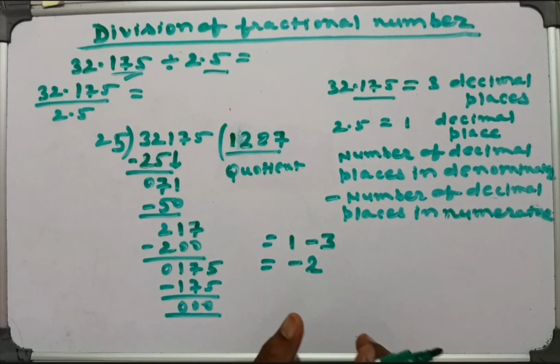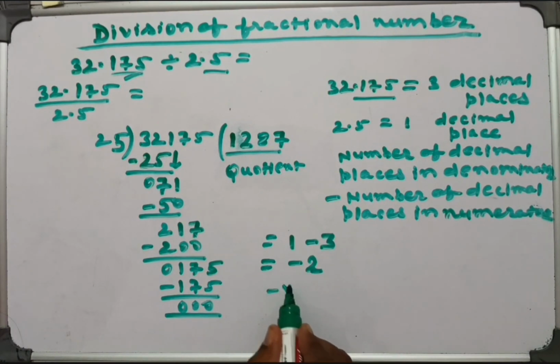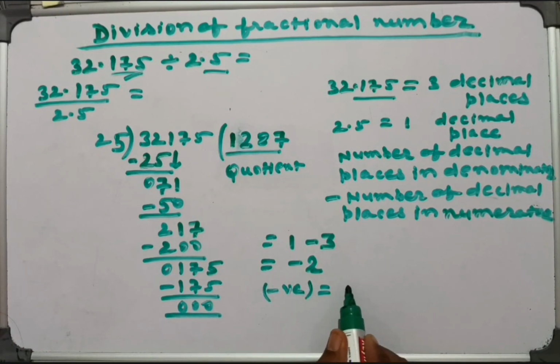Now what does it mean? When you get a negative sign, you have to multiply the quotient by 1 by 10.